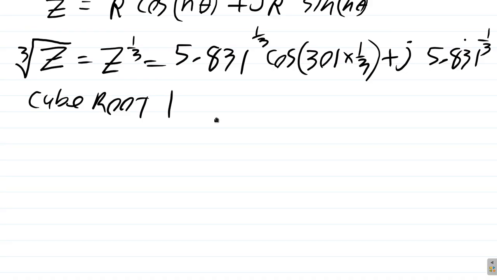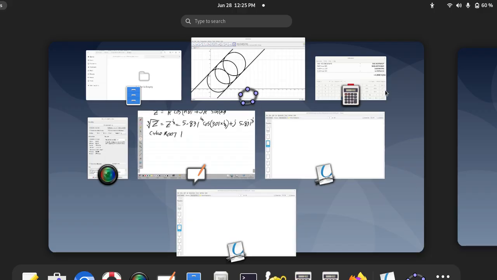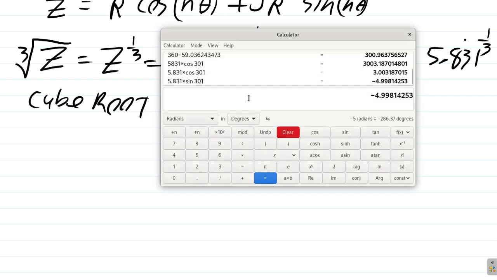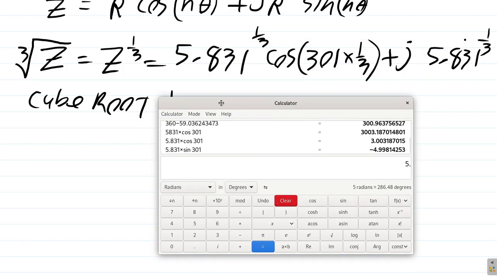Okay, did you get them? Let's find cube root number 1. Alright, so 5.831 to the power of 1/3. What is that going to be? 5.831 to the power of, open bracket, 1 over 3 close bracket equals, call it 1.8.